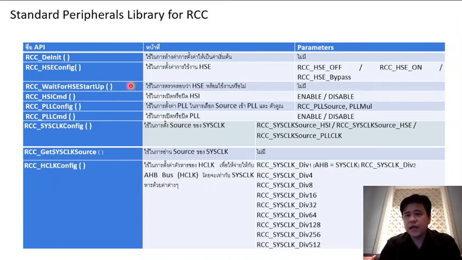Then what else do we need? Do we have this group for SPL for our ARM? Then we have the RCC PLL configuration.